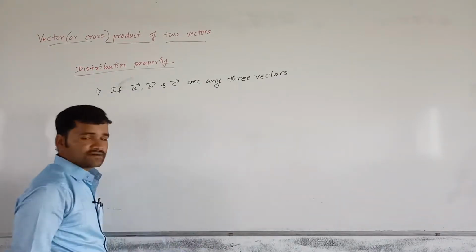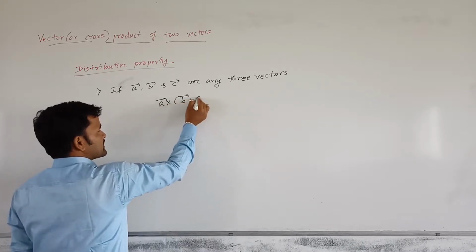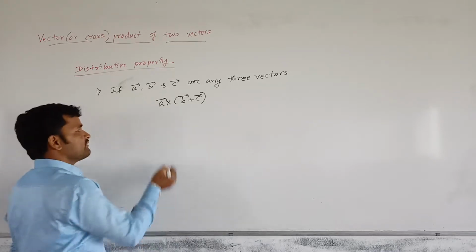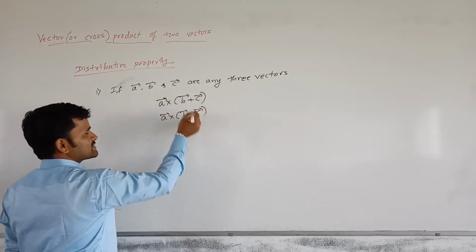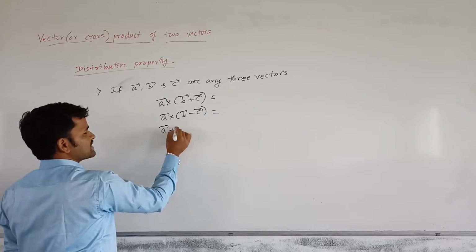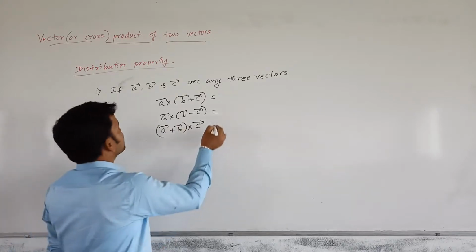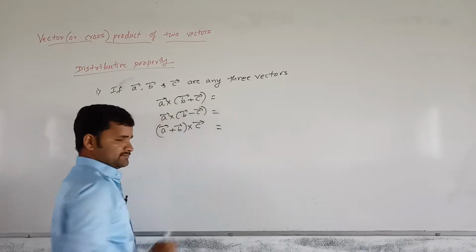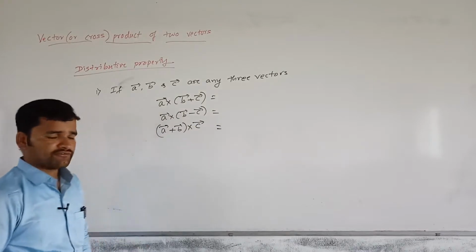If A, B and C are any three vectors, then suppose we have A cross (B plus C), the cross product of vector A with vector B plus vector C, or we can take it like this also, A cross (B minus C), plus or minus, no problem. The cross product is distributive over addition of vectors and distributive over subtraction of vectors.